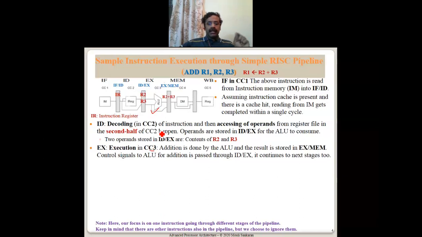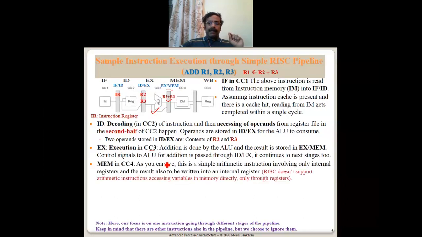Addition operation by the ALU is performed and the result is returned. Where is it written? It is written in this EXMEM stage. Okay. So what is the memory stage? Memory stage is for storing any data into the data memory. Remember, this is also memory, this is also memory.